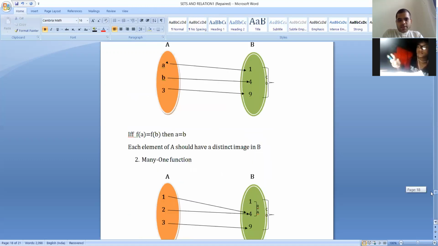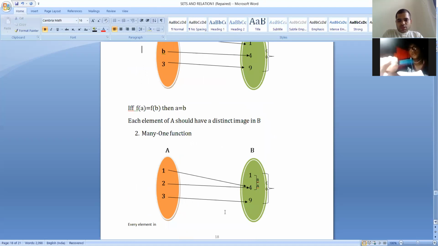And if you come to a many-one function, then you see that not all the elements of set B have a pre-image, and one element of set B has two pre-images.